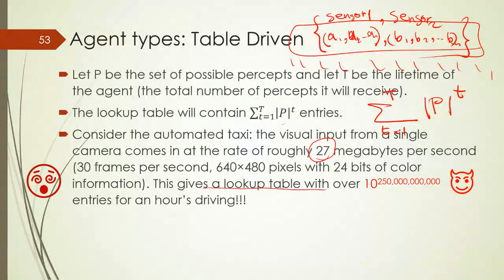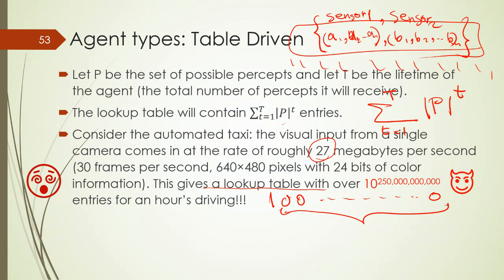So I need a table with a size of 1 with 250 billion zeros in front of it. I don't know how big that is, or how much can accommodate it.